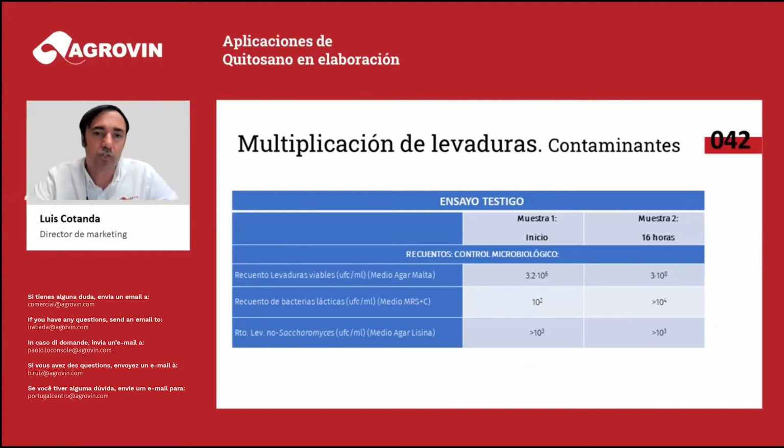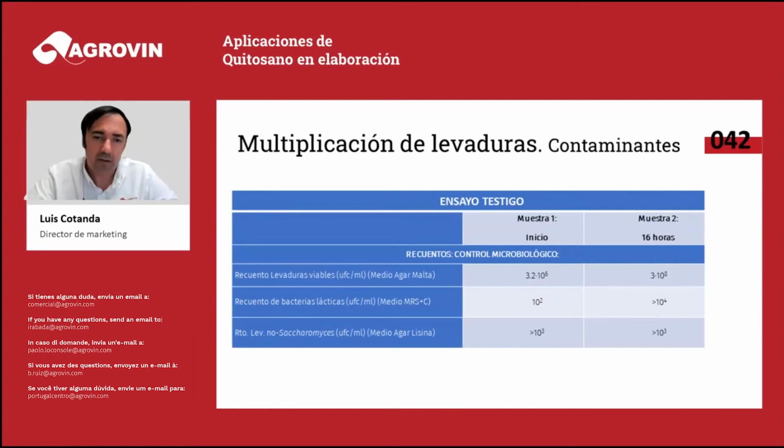What did we see in AGROVIN when we were looking for the design of a specific nutrient for such complicated conditions? Well, in our laboratory, we conducted some tests so as to determine what kind of nutrition produces this biomass.